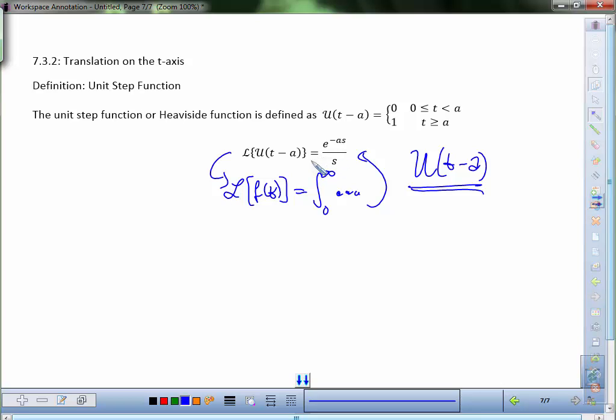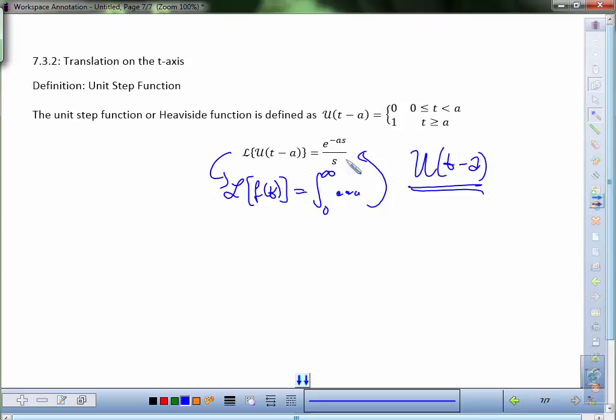So if we have a translation in the t world, when we take it to the s world, we have to account for that. And the accounting that we do in the s world is going to involve an exponential function in the s world. Okay? So in our s world, we'll introduce this exponential function. Now, we've been dealing with nice polynomials. Now, granted, it's a rational function, polynomial in the numerator and the denominator, which makes it kind of weird to deal with. But now we introduce an exponential.